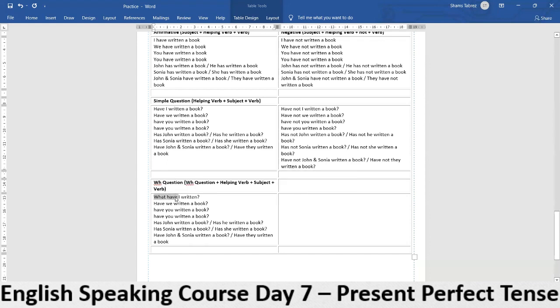Similarly, here, what have we written? Then, what have you written? Then, what have you written?